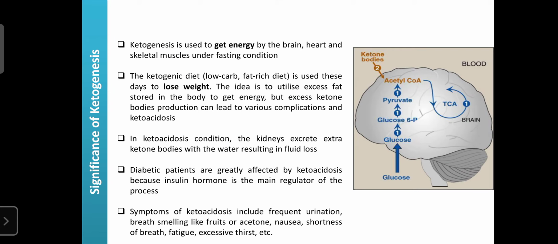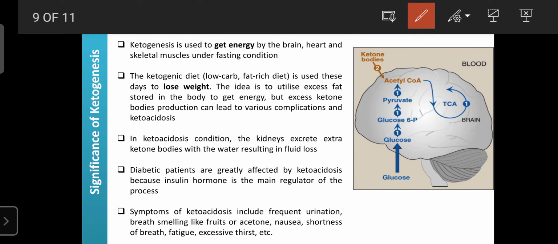So next, regarding the significance of ketogenesis. As you know, ketogenesis is required to guard the energy supply for the brain, heart, and skeletal muscles under fasting conditions, caloric restriction, sleep, or any metabolic disorders. The ketogenic diet is also helpful for losing weight nowadays.